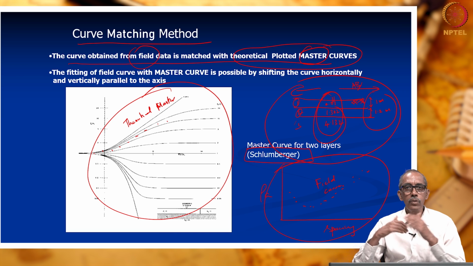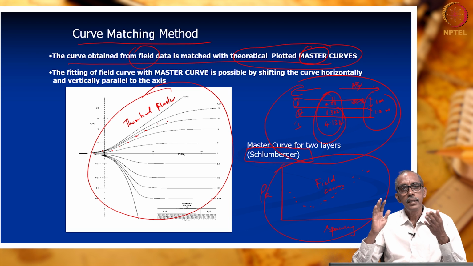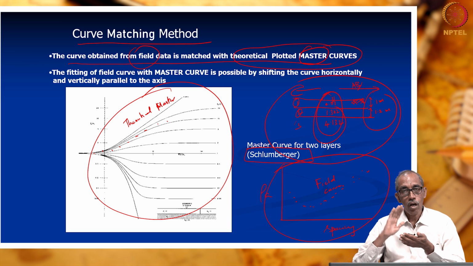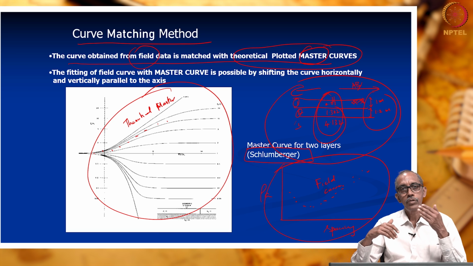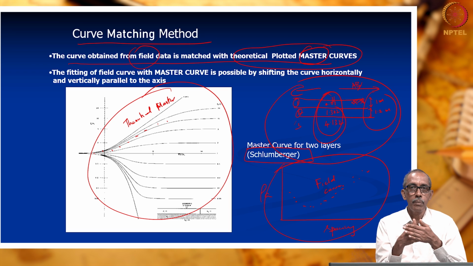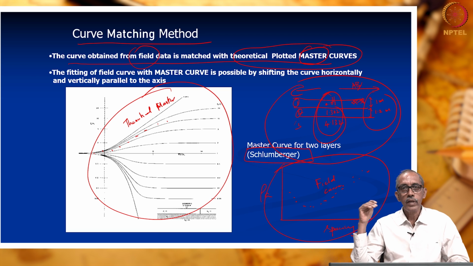Several curves are prepared and this data is available both as hard copy as well as soft copy. So, our data is superimposed over that manually in the curve matching method. Once you identify the best matched theoretical curve, whatever we have assumed for the theoretical curve is likely to exist at the site where we carried out the resistivity sounding. This method is known as the curve matching method.